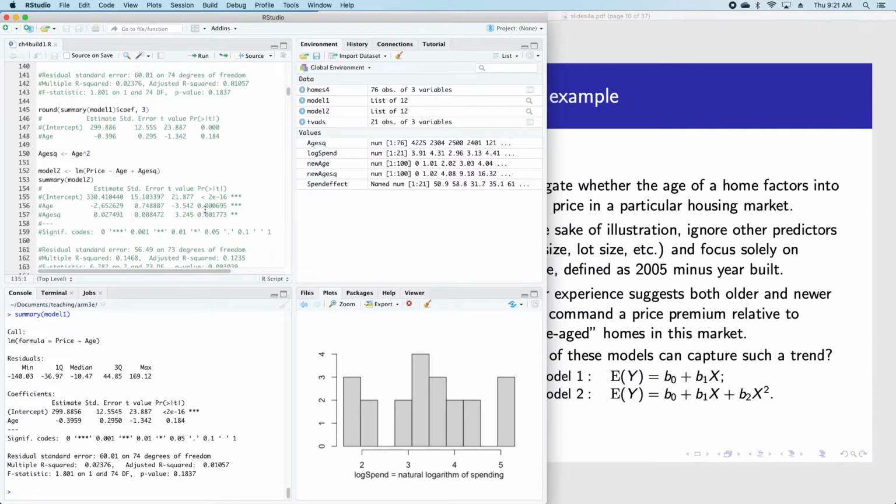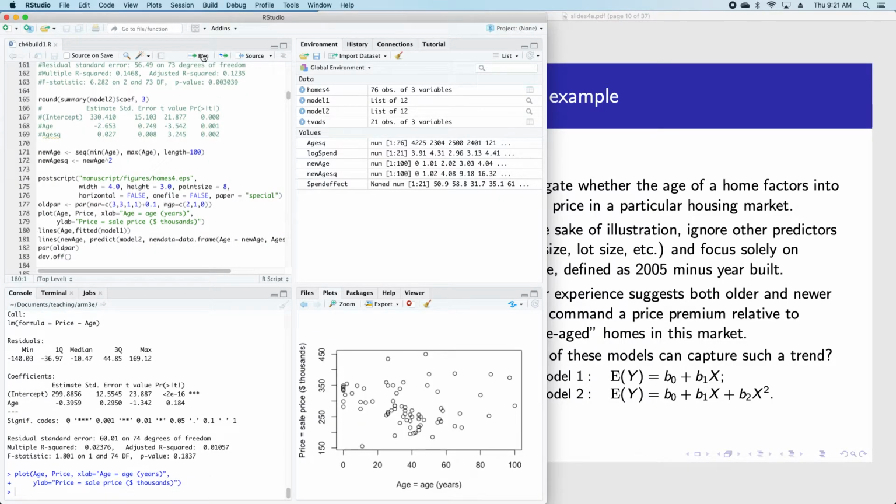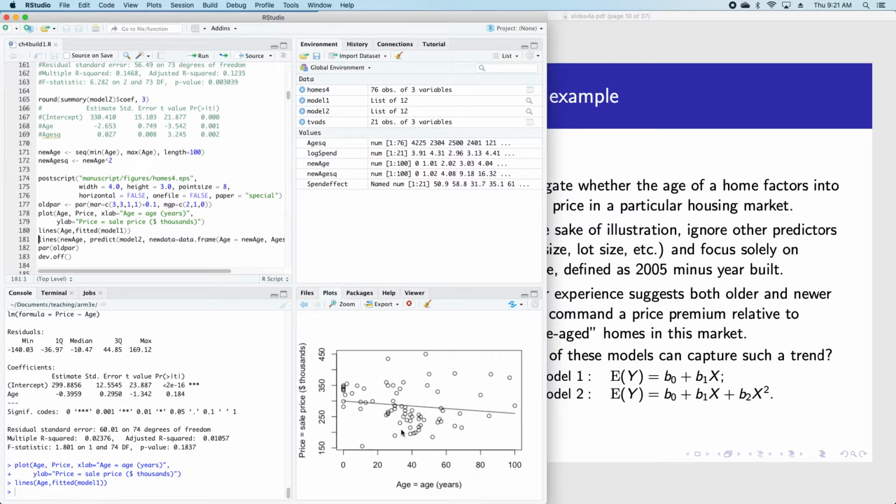And actually let's look at the data so that we can see what we've just done. So there's the data and there's the regression line we just fit. I don't think that regression line does a good job of modeling the trend in the data here. We actually have to look very closely to detect any kind of trend.